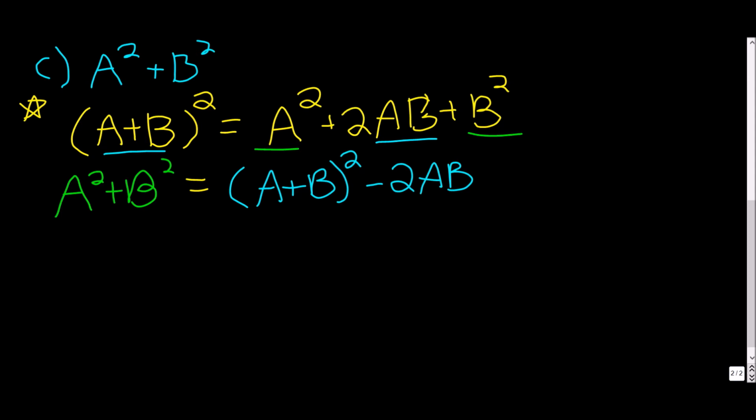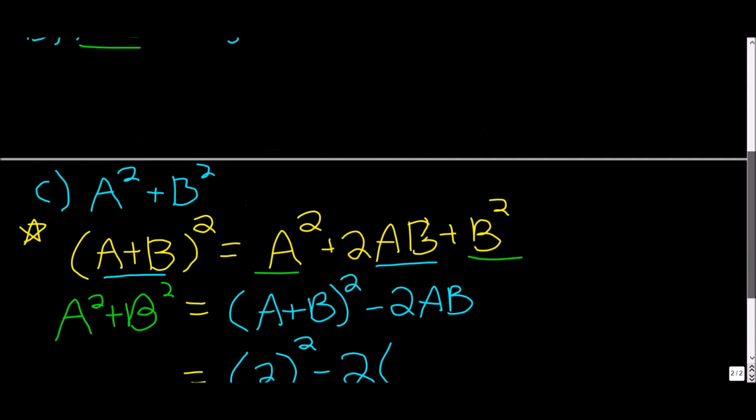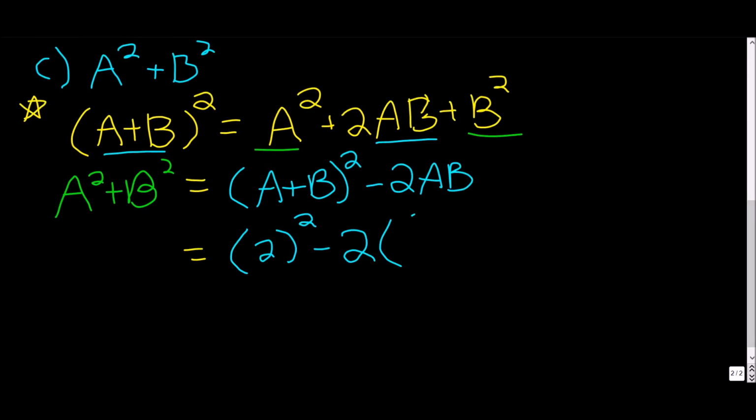In this equation, we know from previously that alpha plus beta is actually 2, and we know that alpha times beta was 3/5. So if we continue this along, we get 4 minus 6/5, and that's going to be 14/5.